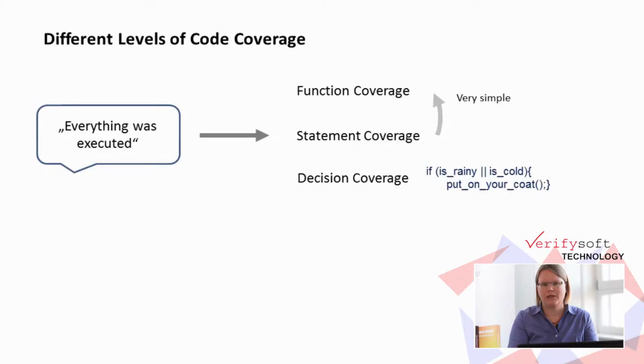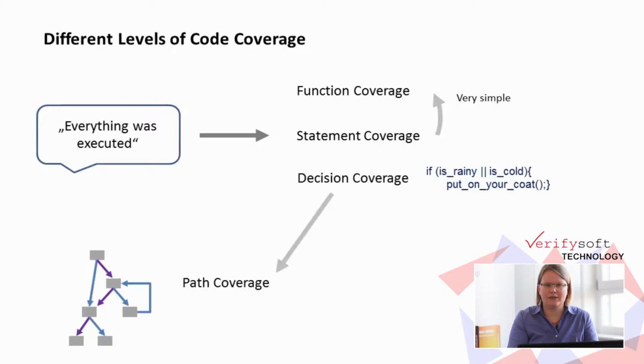So we come to the next step beyond statement coverage, that is decision coverage. Now we are looking at decisions, for example in if statements. And the question is, was this decision executed as false and was it executed as true during a test? After the decision coverage, it goes in two directions.